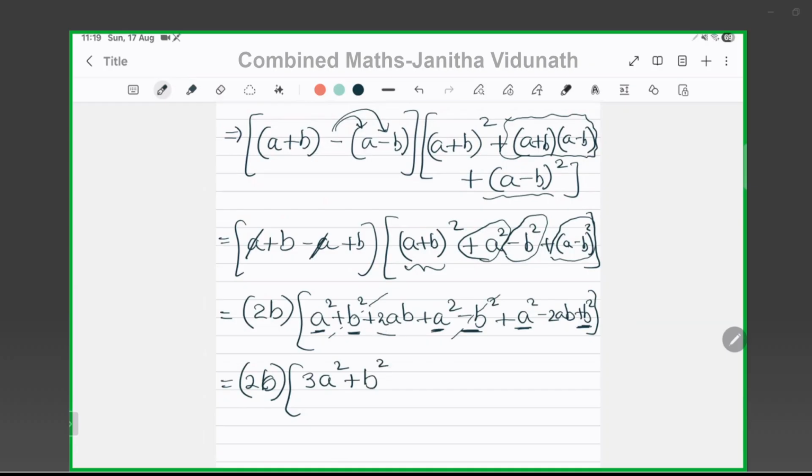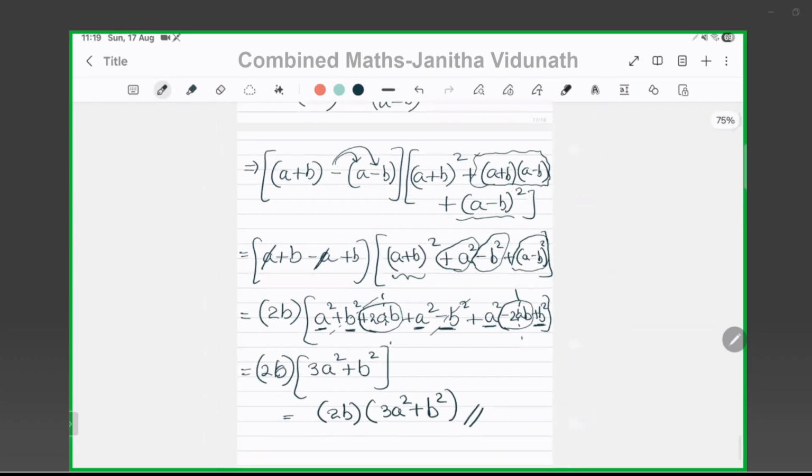Here we have 2ab and 2ab, and here we have minus 2ab. Simply those two terms also cancel out. Then finally we have these terms. Then the final answer is 2b times 3a square plus b square. This is the final answer for that question.